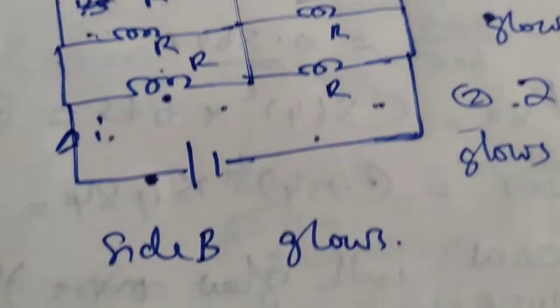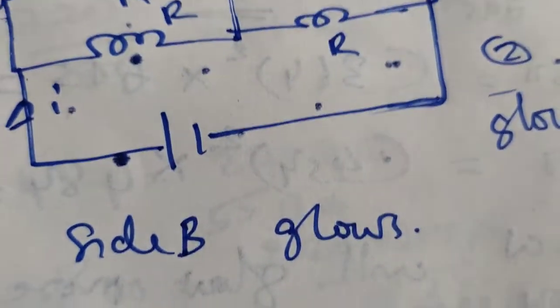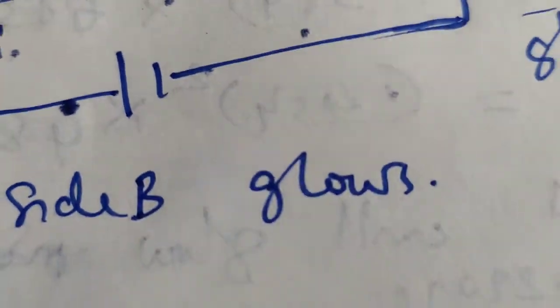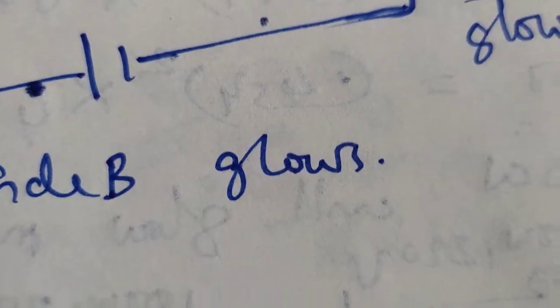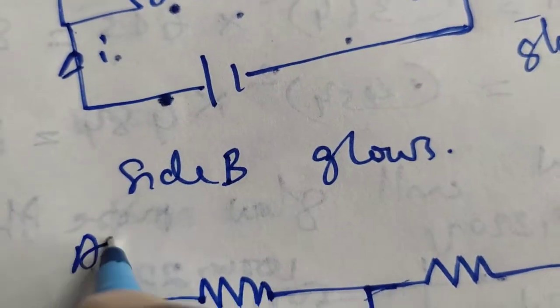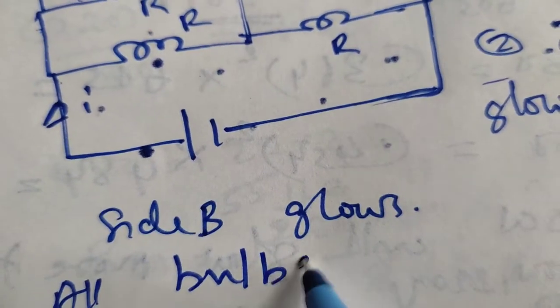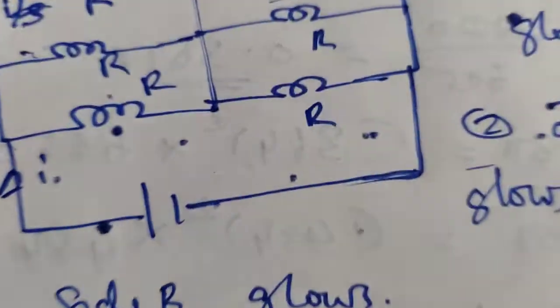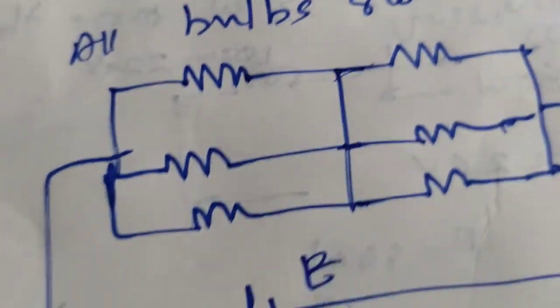Let us write another drawing here so that it will be clearer. So first, whole bulbs glow.